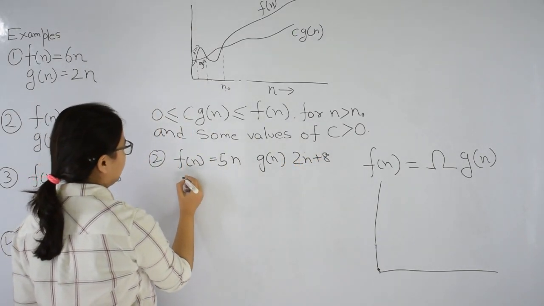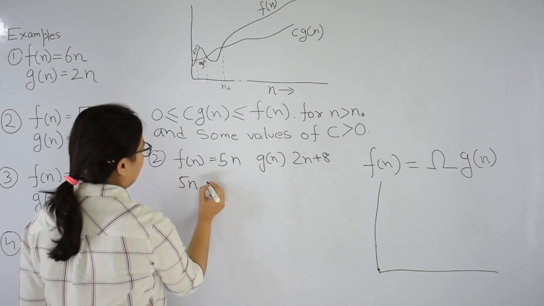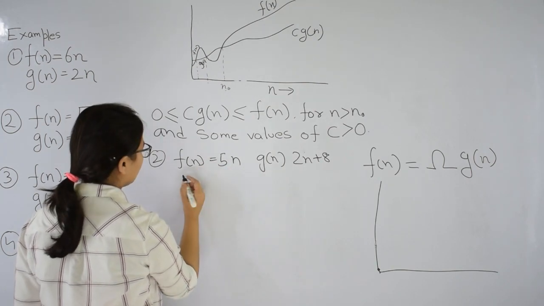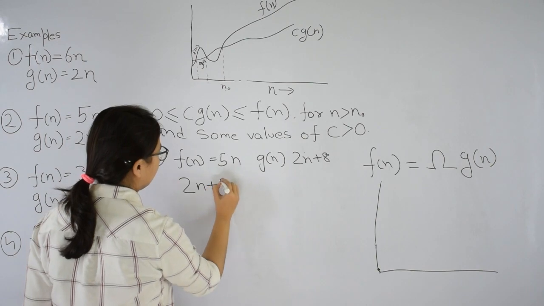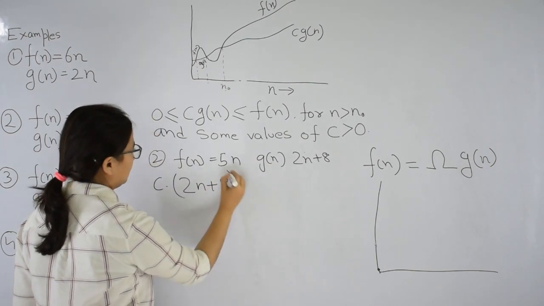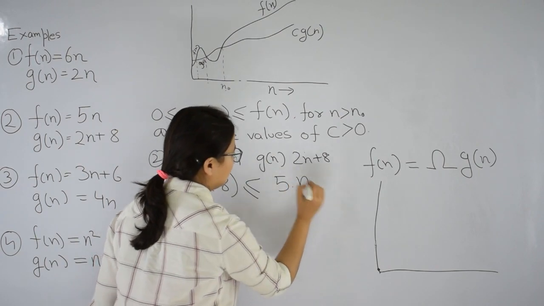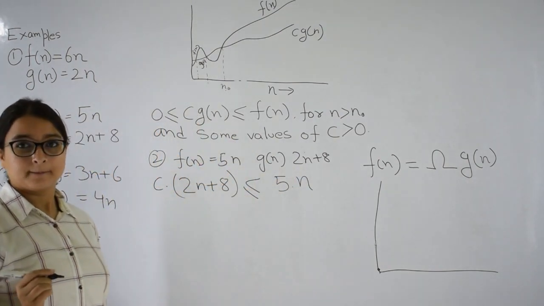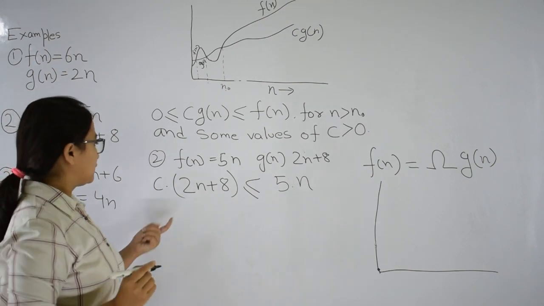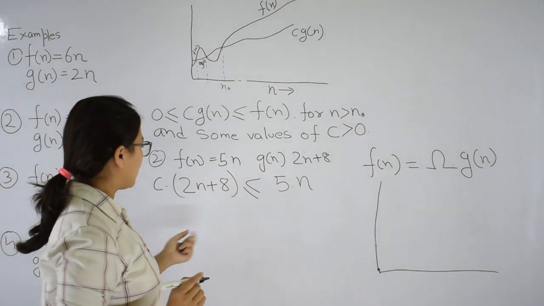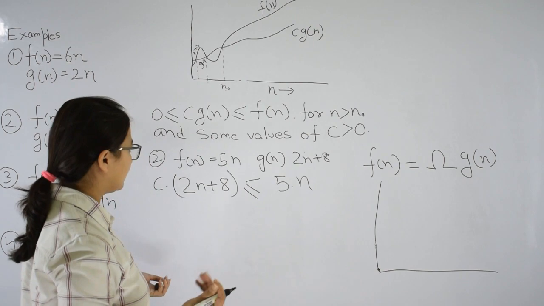I need to prove that 5n is greater than or equal to c into (2n plus 8), that is, 2n plus 8 into c is less than 5n. This is what I need to prove, right? So okay, let me try for c is equal to 1.